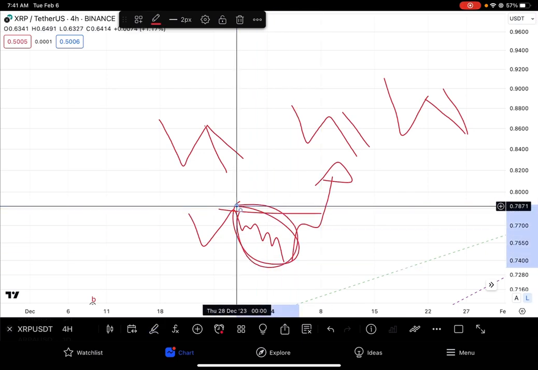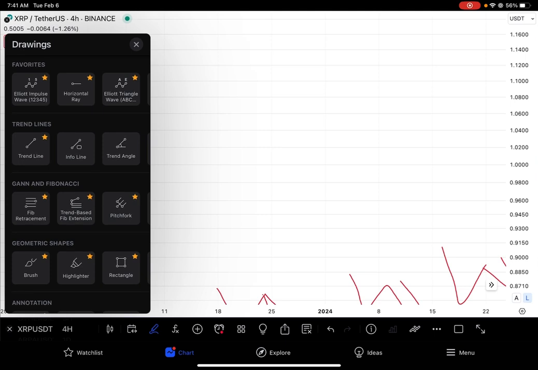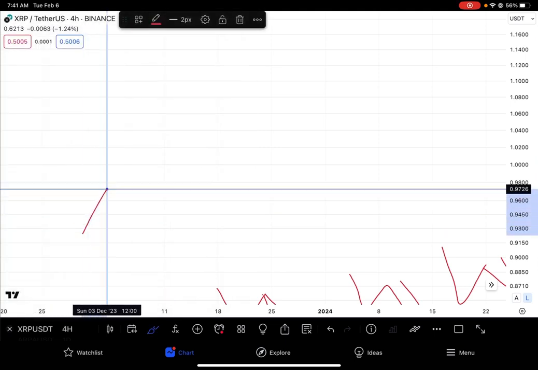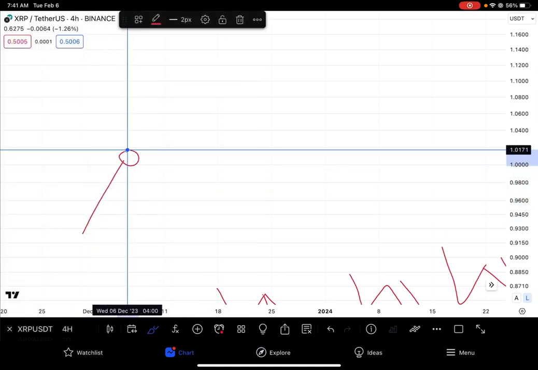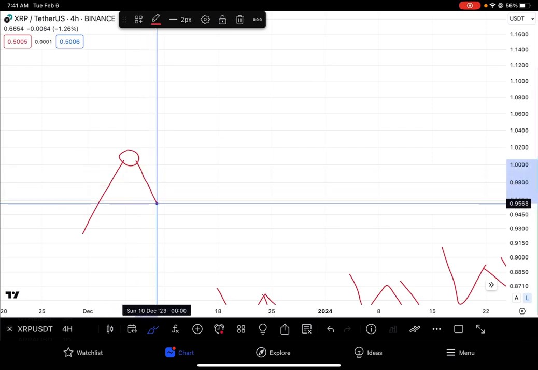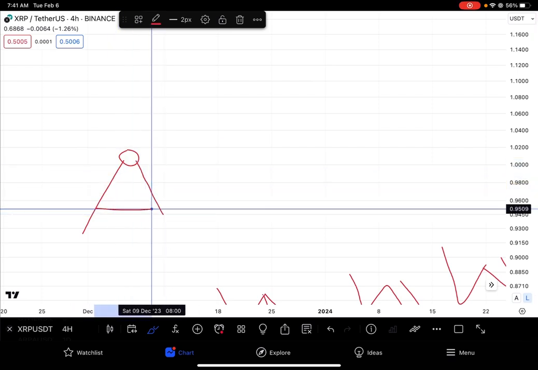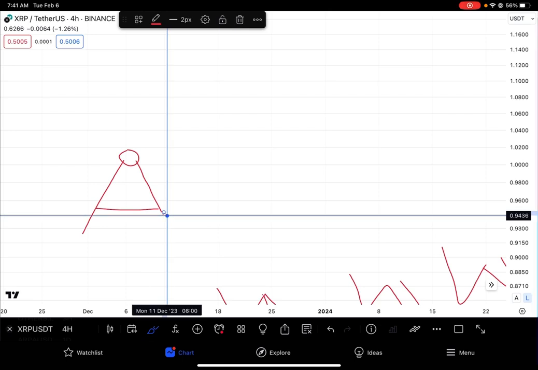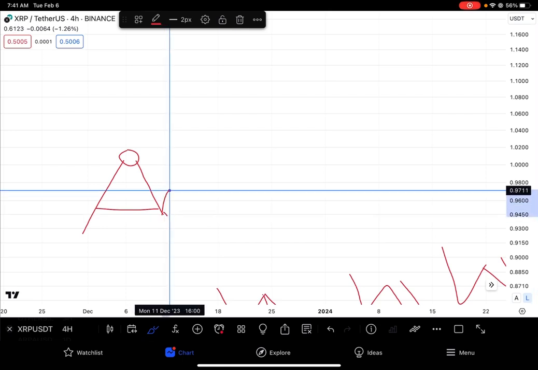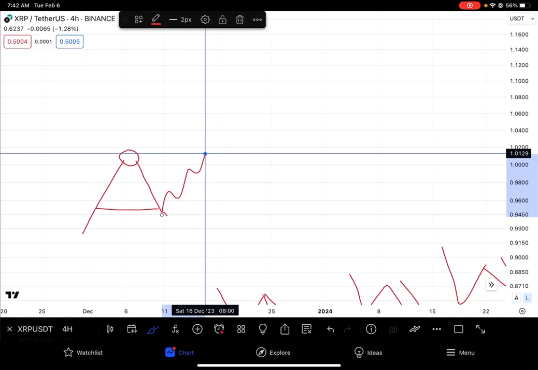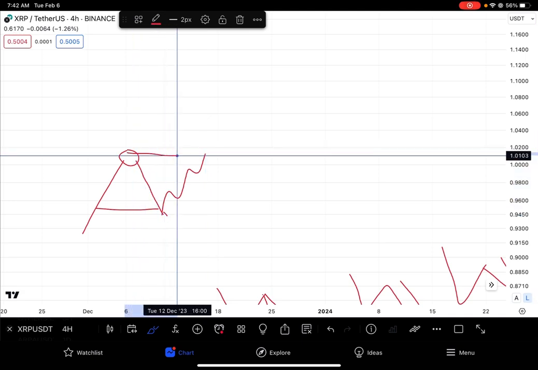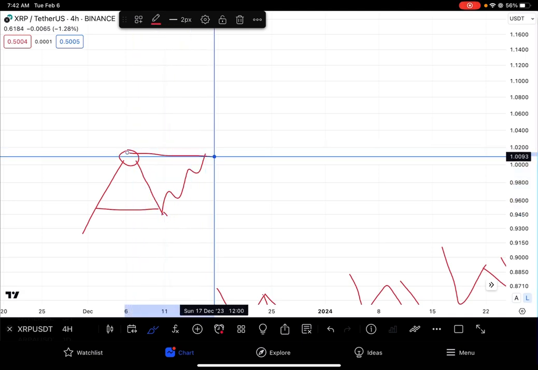Okay, so this over here is your peak, right? That's your peak. You come down, hit extremely oversold territory, and then you have a run up. And you may not breach this high, or you may go just above it.